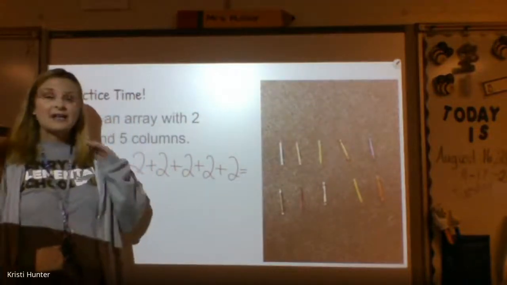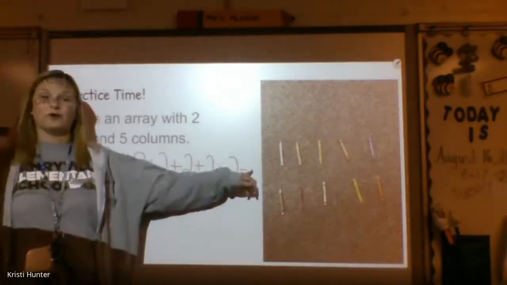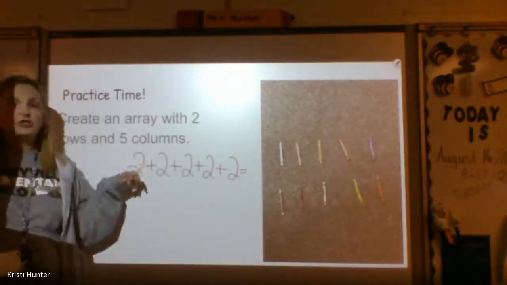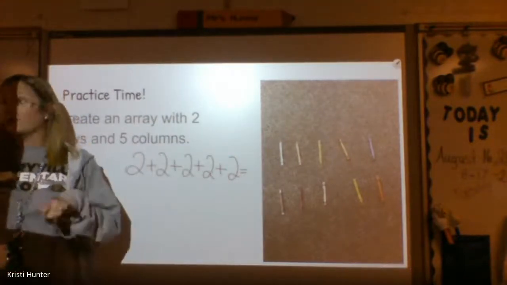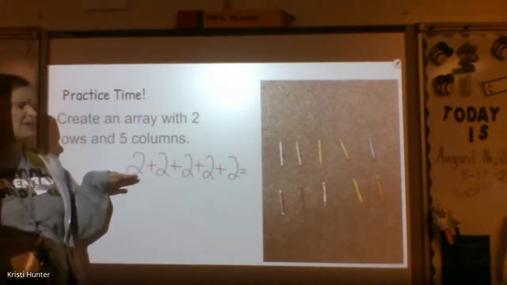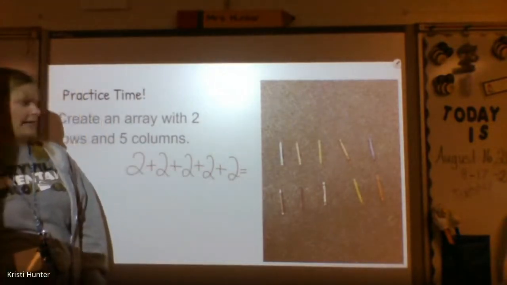Remember, if we make an equation for an array, I have to use the same number over and over again. I can't do 2 plus 5 plus 5 plus 2 plus 5. That won't be an equation for an array. It has to be the exact same number over and over again, okay?